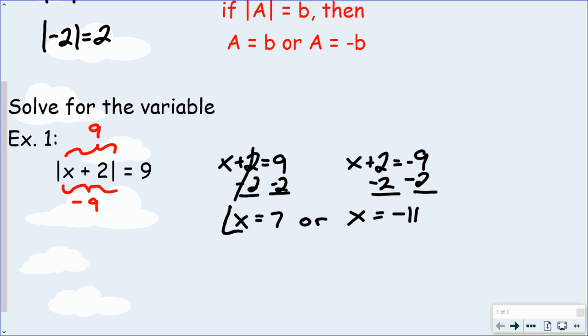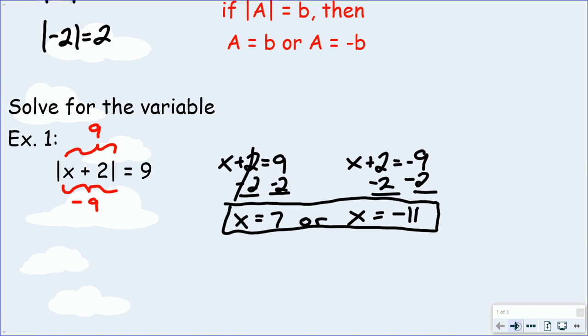And so our answers are x equals 7 or x equals -11. And you could check that, right? 7 plus 2 is 9, and the absolute value of 9 is 9. Plug in -11: -11 plus 2 is -9, and the absolute value of -9 is positive 9.